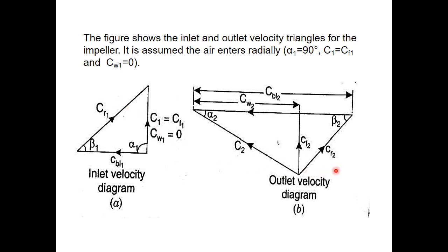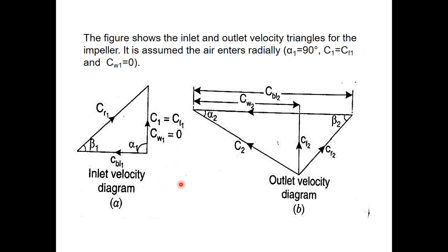Similarly, in the outlet velocity triangle also you can see all the different velocity components and angles alpha 2 and beta 2. The absolute velocity component C2 has two components, the whirl component as well as the flow component, CW2 and CF2, and the relative velocity component is represented by CR2, and instead of U2 we are using CBL2, the blade velocity at outlet.